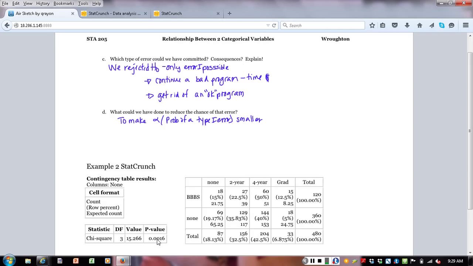So the two things that we can do, we can increase our sample size. The more data we collect, the less chance that we make an error. Or we can set a smaller alpha for the problem.